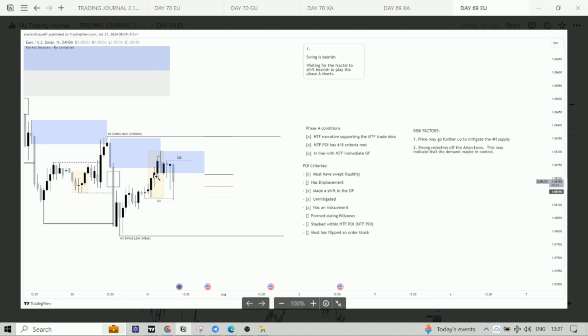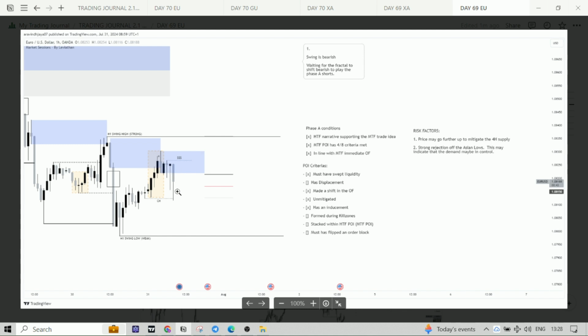As expected, price made a bearish chop. So this would be my POI, but this is a very low probability POI. I'll tell you why. High time frame narrative supporting the bearish idea, actually this box is not ticked. And medium time frame POI is 4 out of 8 criteria met. I actually took this POI because essentially I'm trading this POI only, not this one.